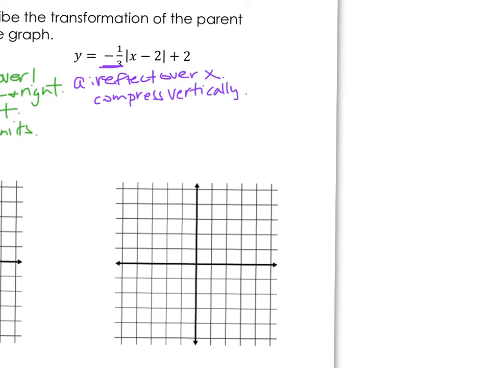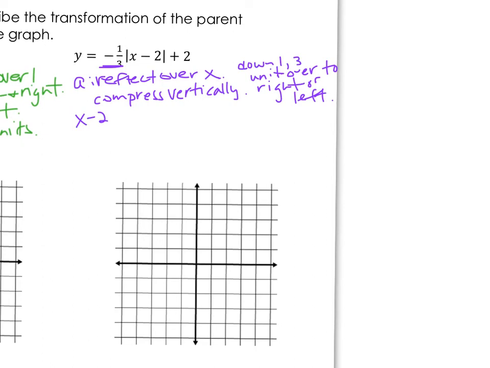From our vertex, now instead of going up 1 and over 1, we're going to go down 1 and then 3 units to the right or left. So instead of down 1 over 1, we're going to go down 1 over 3 in both directions, to the right or to the left. And I'll show you what that looks like as soon as we determine our vertex.